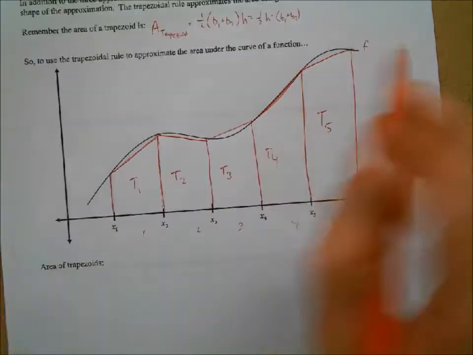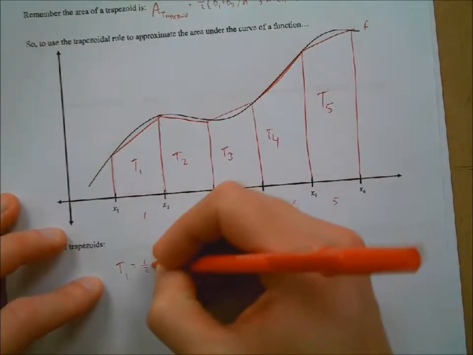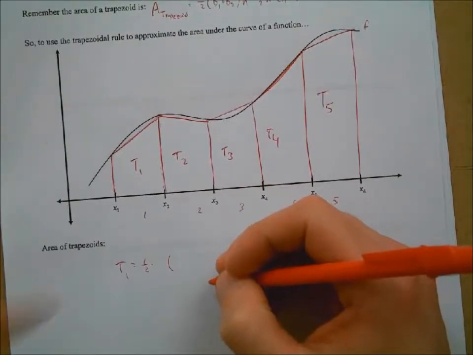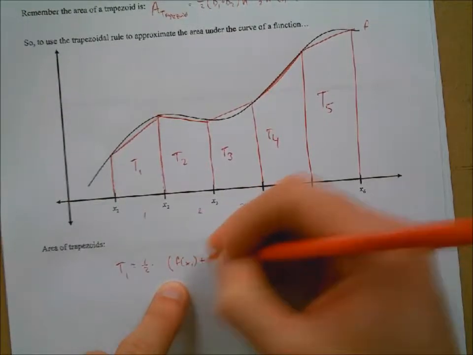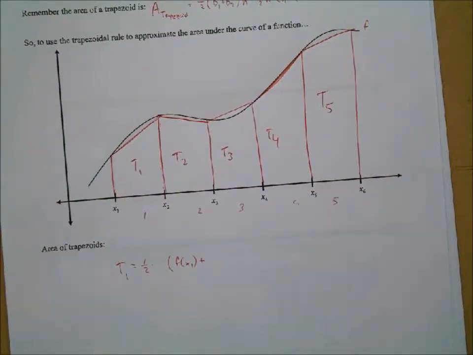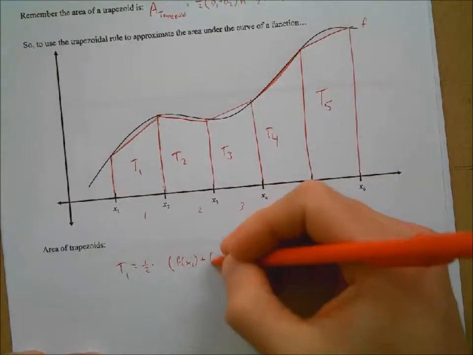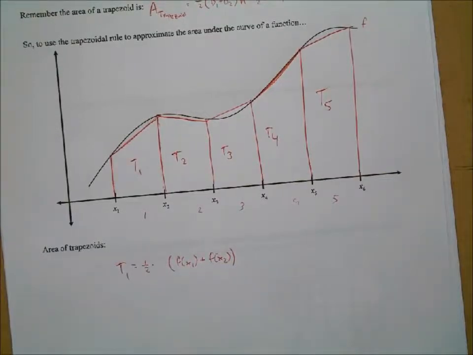We'll say f as our function here. And so the trapezoid 1 is going to be 1/2 times the height, or sorry, not times the base, times the height. And then base 1 will be f of x sub 1 plus, and then what's the other base? Well, it's going to be right here, x sub 2. Okay, so f of x sub 2, like that. Okay, what is the height of our trapezoid here?